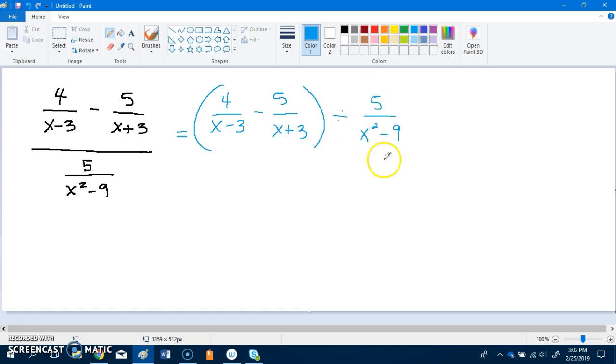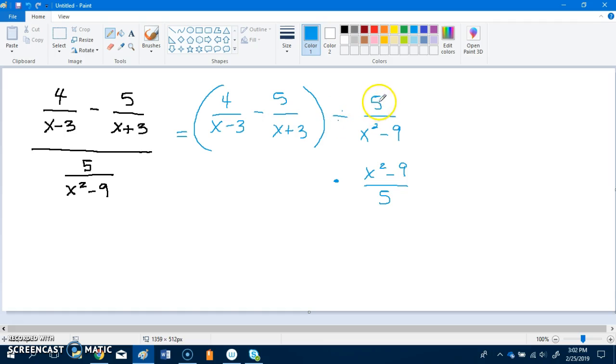When we divide by a fraction, it's the same as multiplying by its inverse. So I'm going to switch that around and turn this into a multiplication style question. I'm not going to use the x for multiplication because I don't want to confuse that with the variable x.